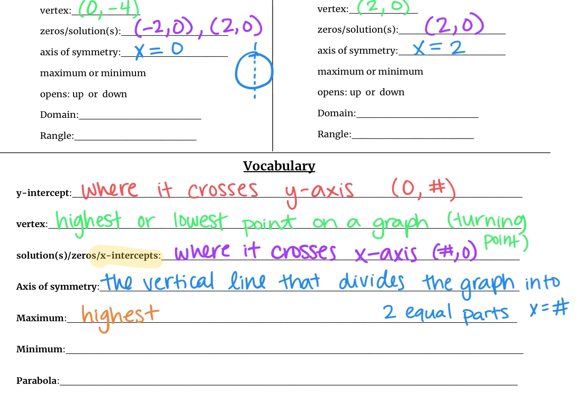The highest point. And then the minimum would be the opposite. It is when we have the lowest point on the graph. So when we look at our graphs, we're going to see, is it a maximum or a minimum? And we look to see, is our vertex at the highest point or is it at the lowest point?